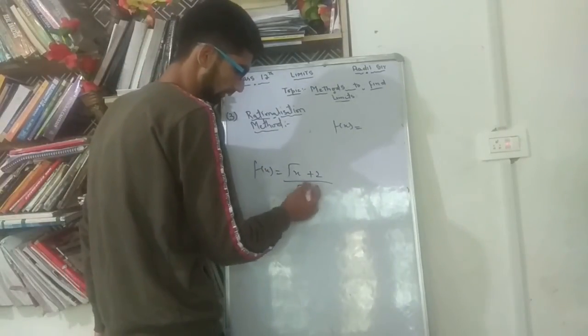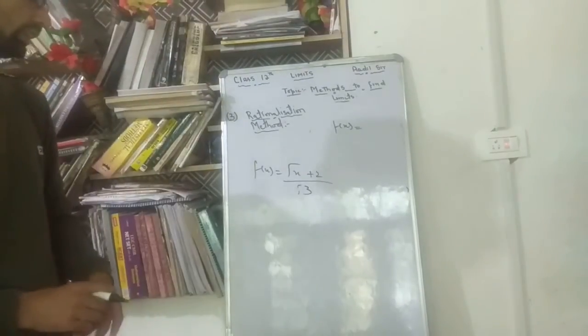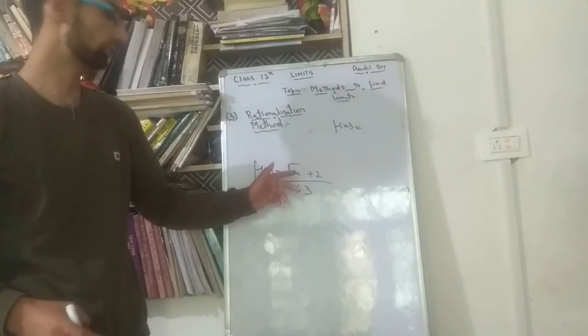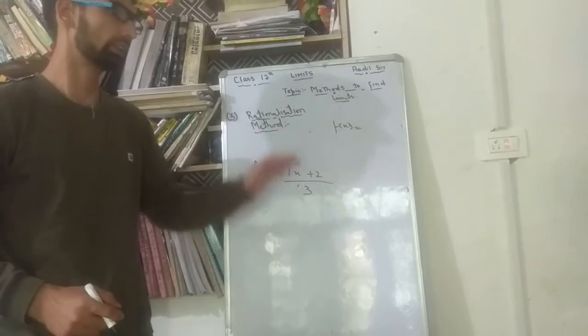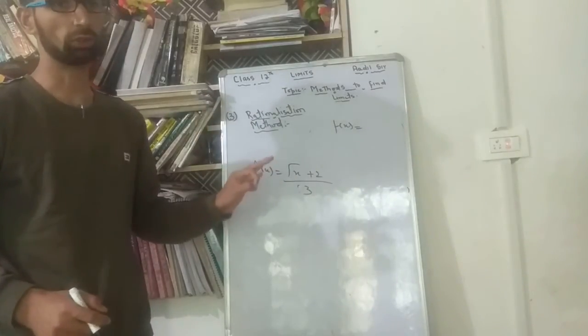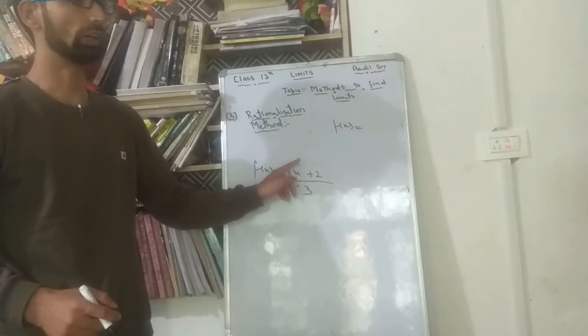Under root x plus 2, this is 3. Now if I have to rationalize this, which one can I rationalize here? If there is a root in the function, then you have to make the root cancel out. So for that you have to rationalize the numerator. How can you rationalize it?